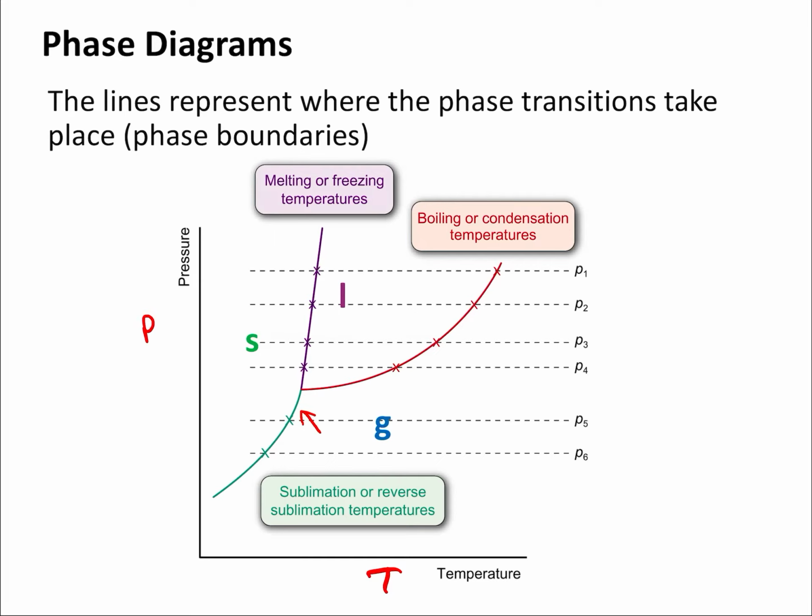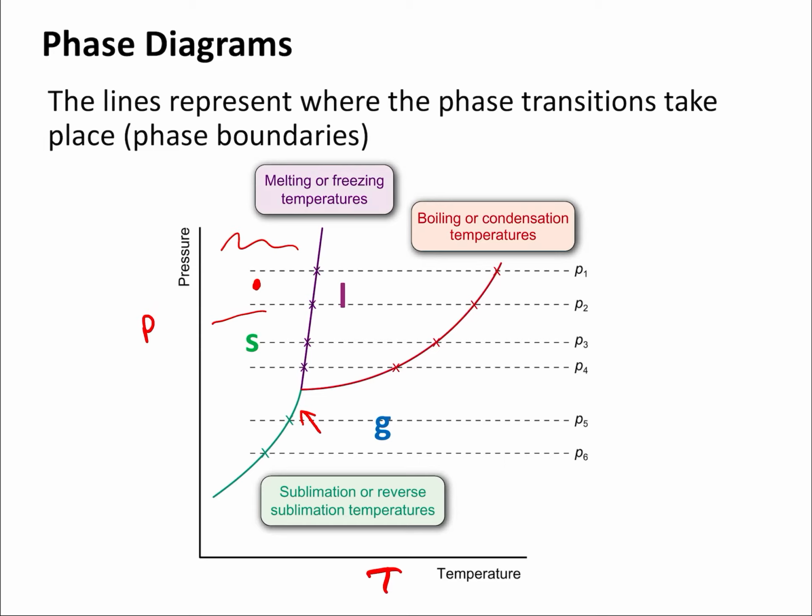In other words, it's the boundary between two phases. So if you were at a given pressure, let's say right here, anywhere in this region of temperature and pressure, that substance is going to exist as a solid.